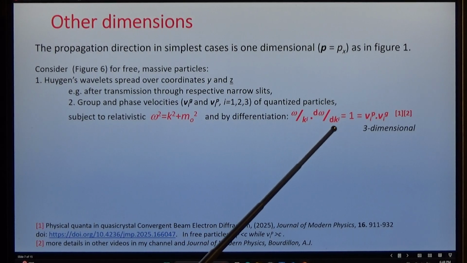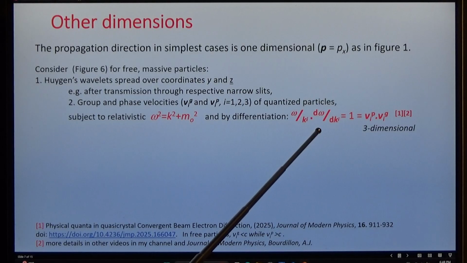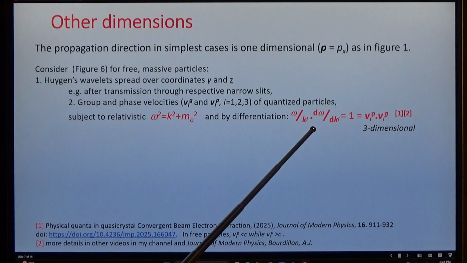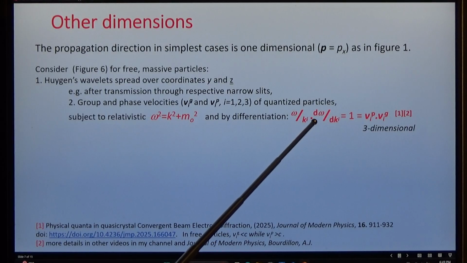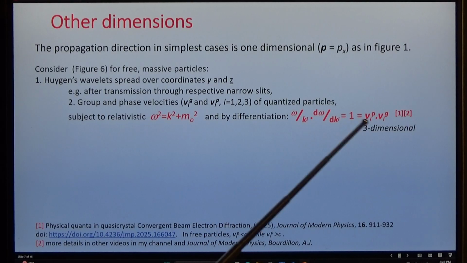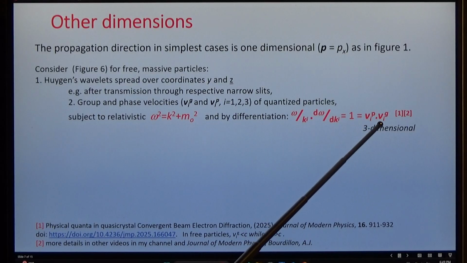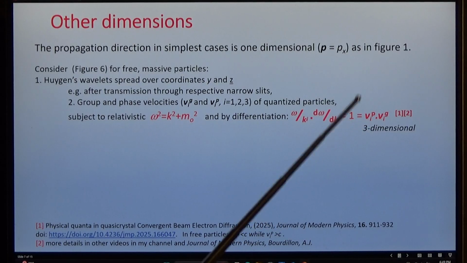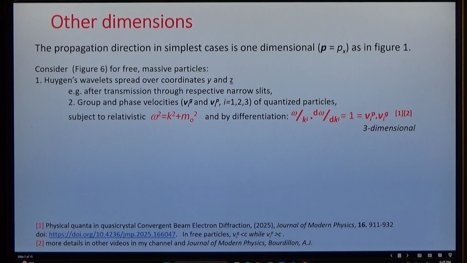And what's d omega by dk? That turns out to be the beat velocity for a normal distribution. And so we have that the product of the phase velocity and the group velocity is equal to 1 in natural units.